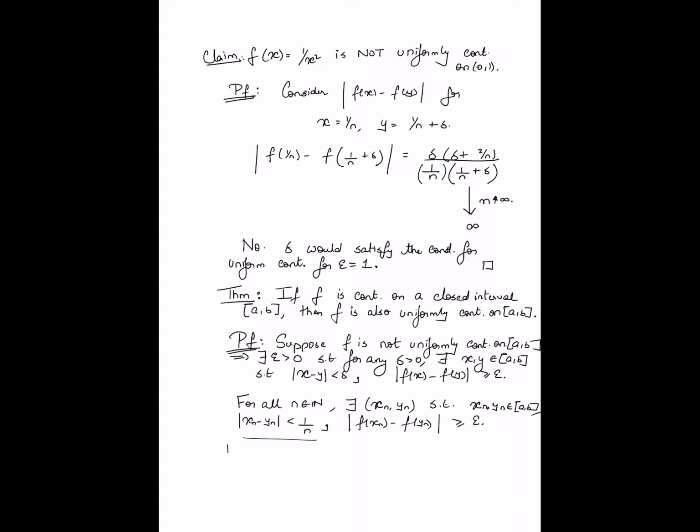Okay, so now we are going to use the Bolzano-Weierstrass theorem. Remember xn and yn are now bounded sequences because they are both sequences in the interval ab. So by the Bolzano-Weierstrass theorem, xn has a convergent subsequence.